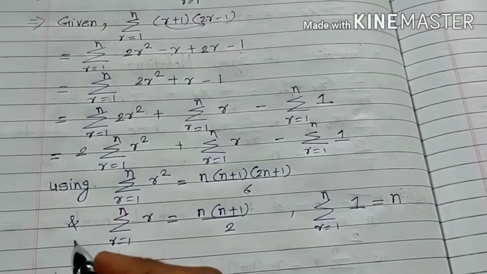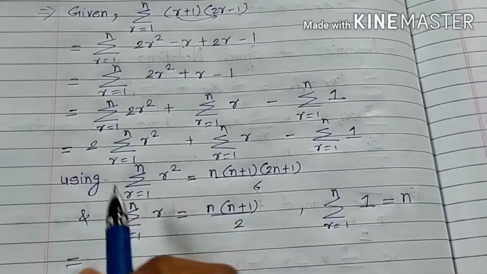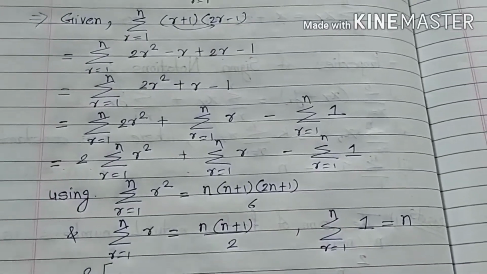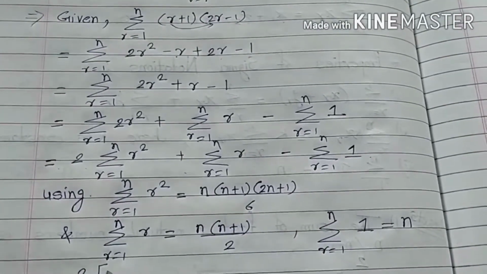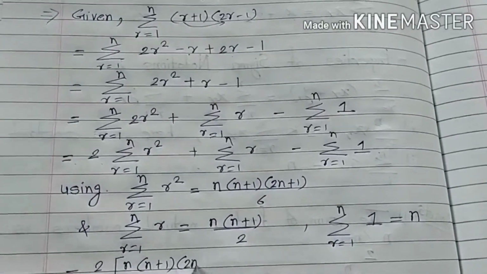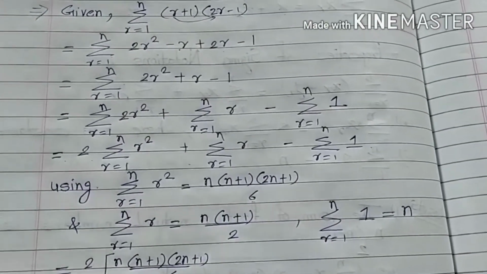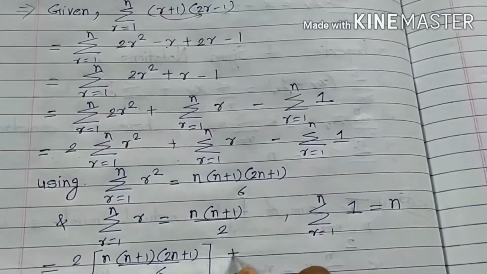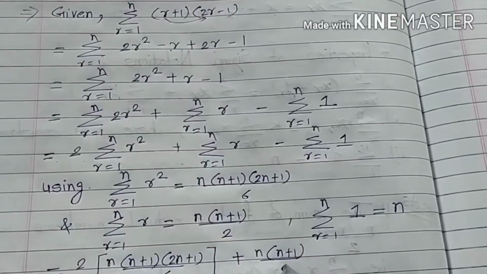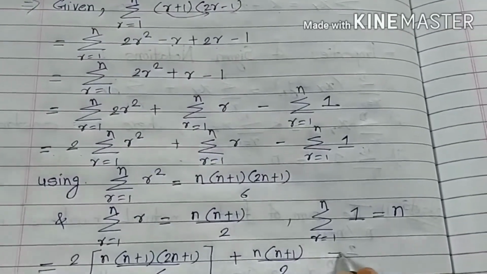So using this, 2 into all these terms, it is n into n plus 1 into 2n plus 1 upon 6 plus n into n plus 1 upon 2 minus n.